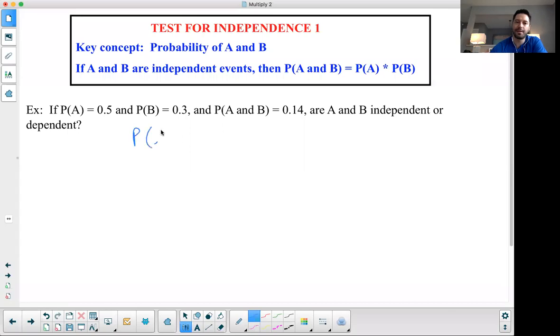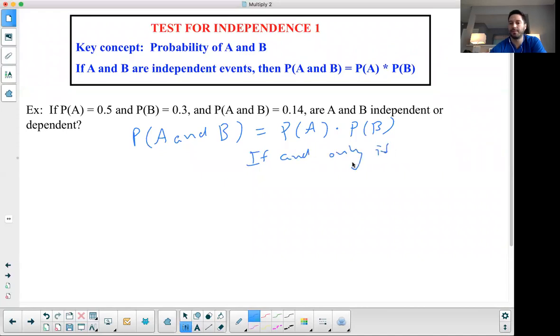So the probability of some event A, which could be like picking a drink, and B, which could be like picking chips, that is the probability of A, just like we did before, the drinks, times the probability of B, if and only if A and B are independent events.